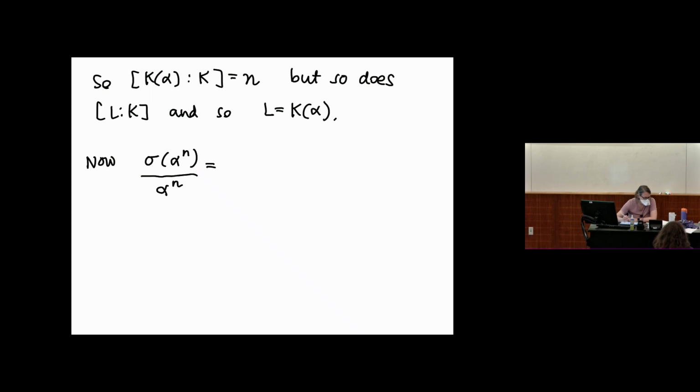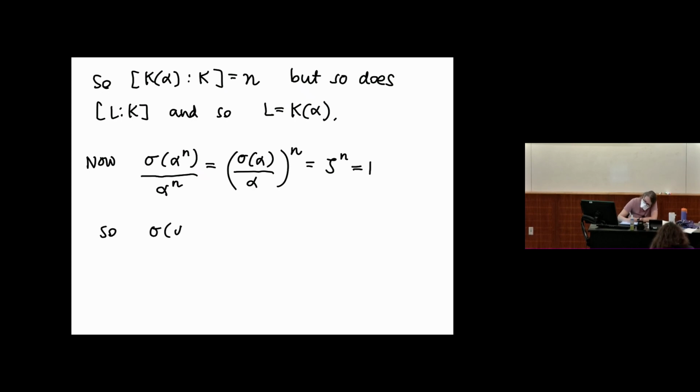Because sigma is a field automorphism, I can write this as sigma alpha over alpha to the n, and sigma alpha over alpha was zeta to the n, and zeta to the n is 1.